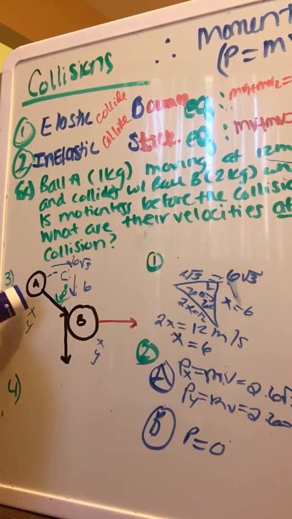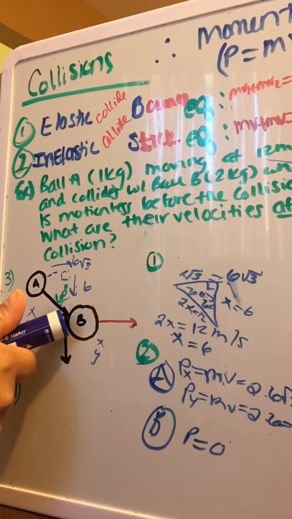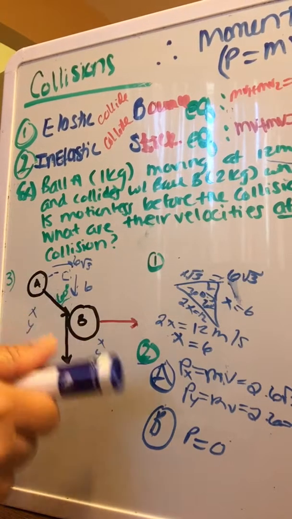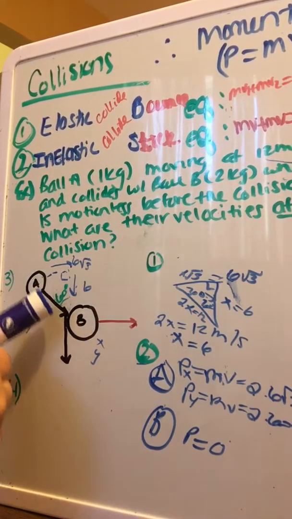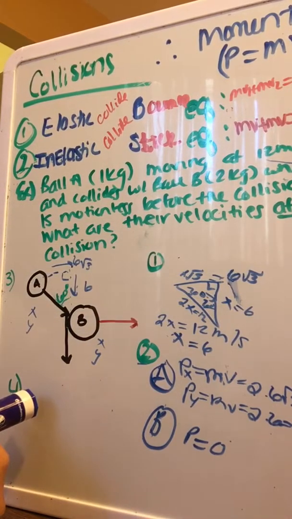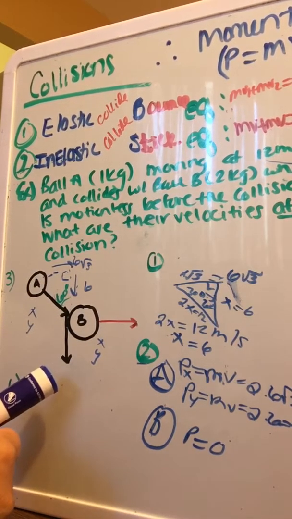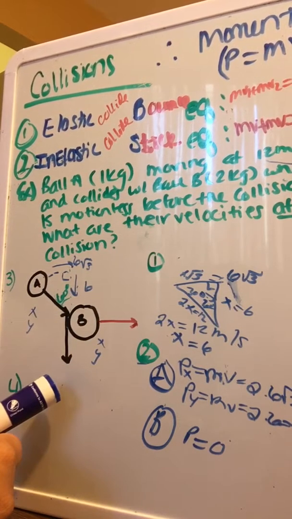After ball A hits ball B, we see that there's no more momentum in the x direction, but all the momentum goes into the y direction. So the y direction, let's see.